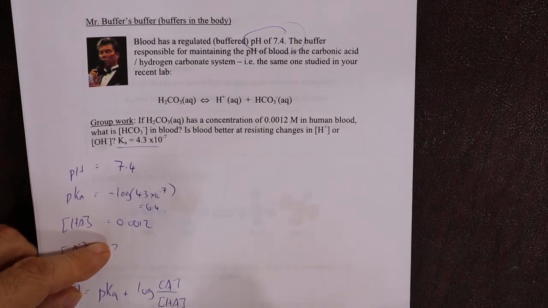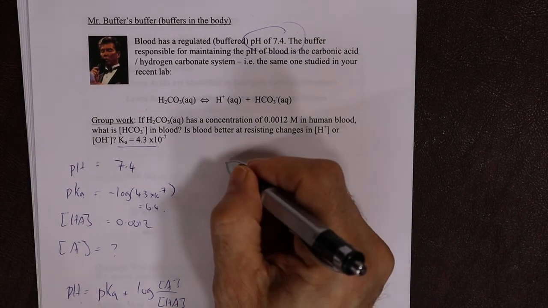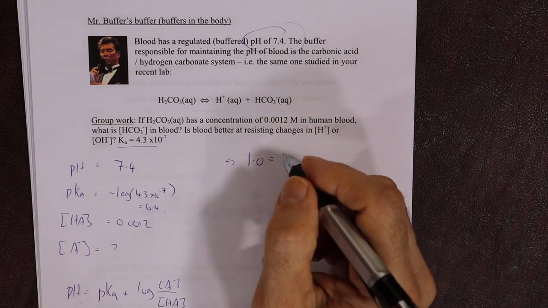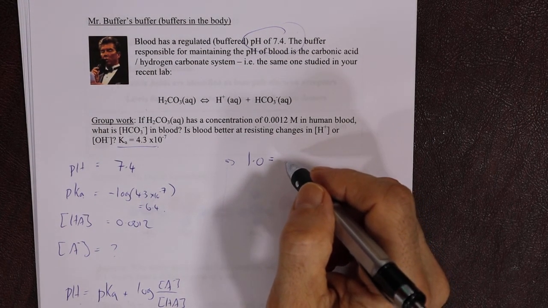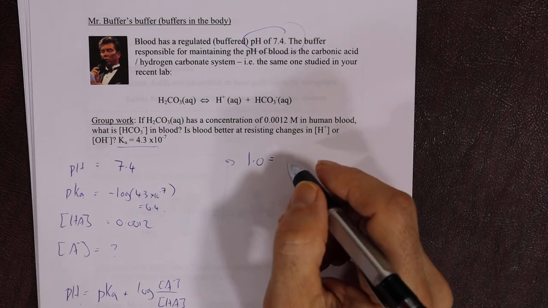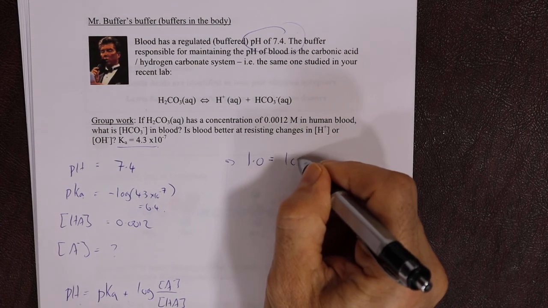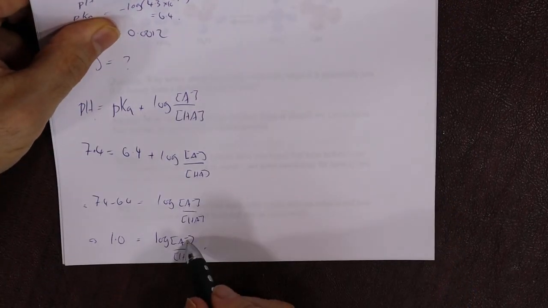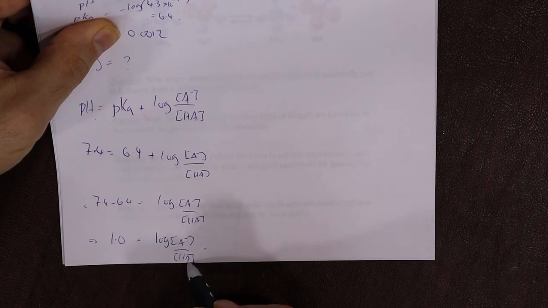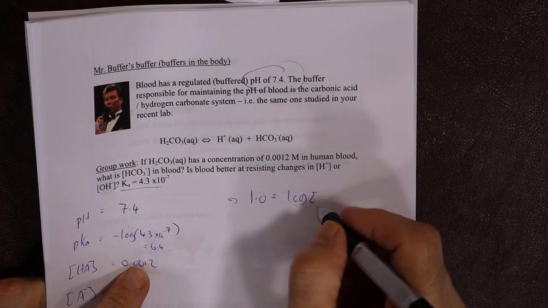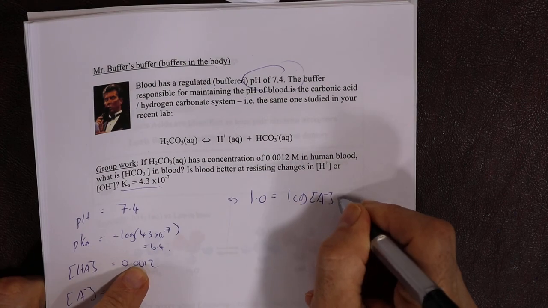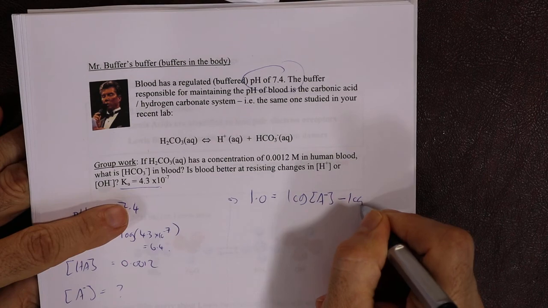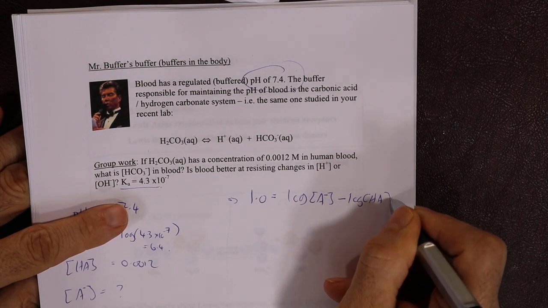Now I'll take it back up here. Therefore, 1.0 equals, and I can do that whole thing where dividing logs is subtracting logs. So the log of two things divided is the log of this minus the log of that. Log A minus, minus log HA.